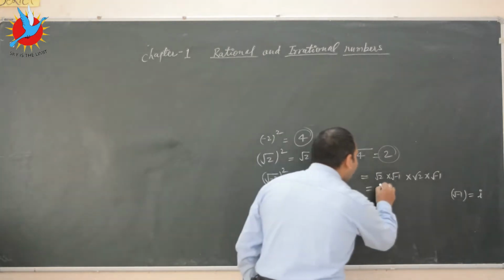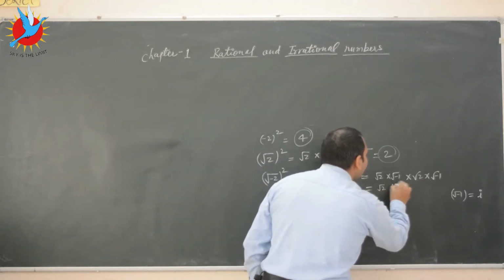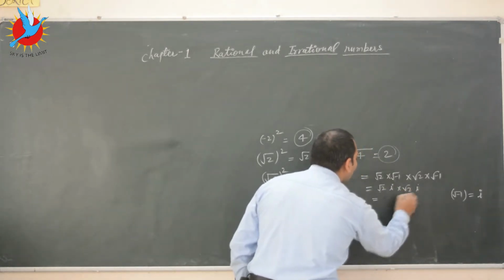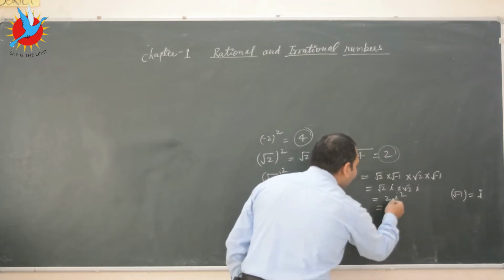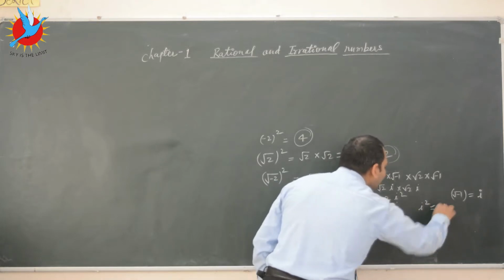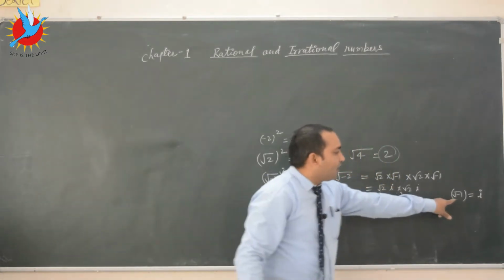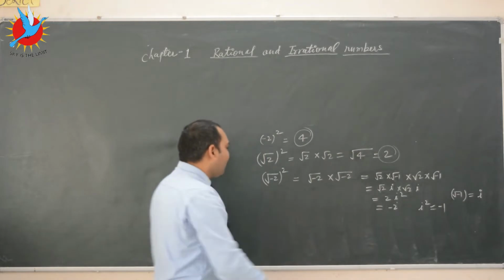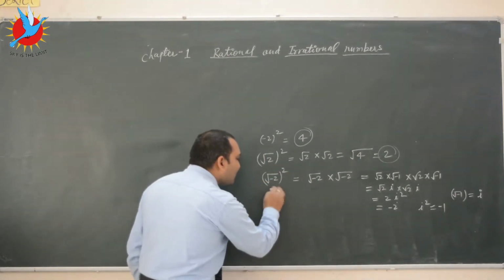So √2i into √2i is equal to √2 into √2, that is 2, and i into i, that is i squared. So the value is -2 because i squared is equal to -1. The value of i is √-1 and the value of i squared is -1. So this is an imaginary number.